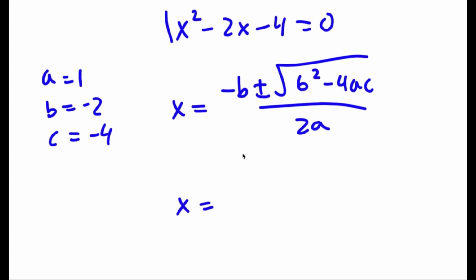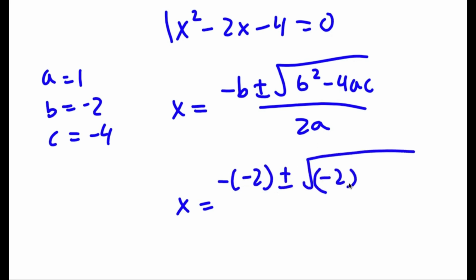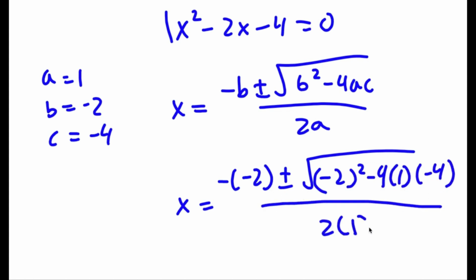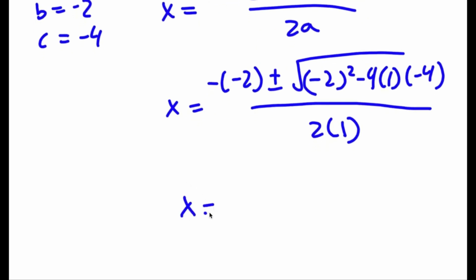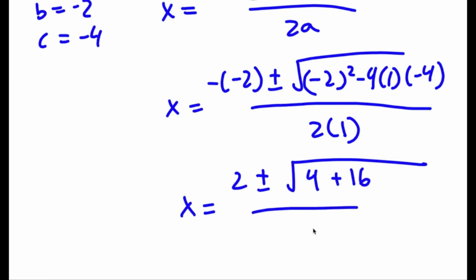So now I have x is equal to negative of negative 2 plus or minus the square root of b squared, so negative 2 squared, minus 4 times a, which is 1, times c, which is negative 4. Now I have this all over 2a, so 2 times 1. Now I have x is equal to negative 2 is positive 2, plus or minus the square root of negative 2 squared is positive 4, minus 4 times 1 is 4, negative 4 times negative 4 is positive 16, all over 2 times 1 is 2.